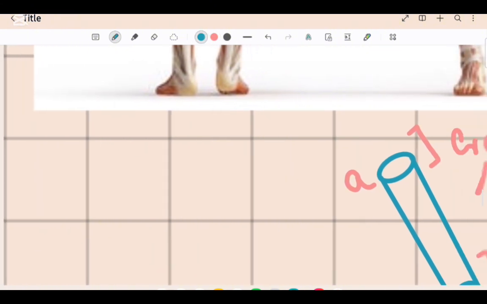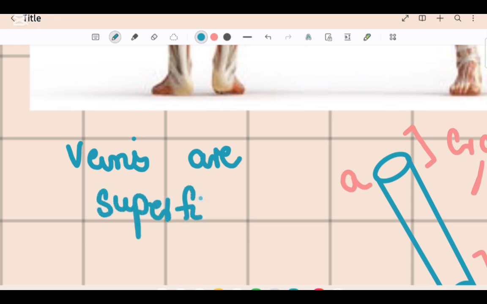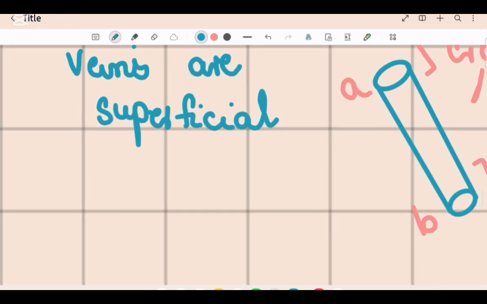Okay, so your veins are superficial, and your arteries are deep.